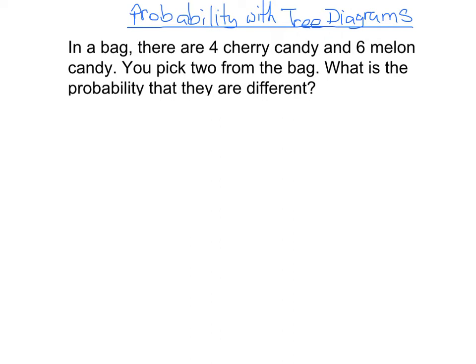The way the tree works is every time that a choice has to happen, you see the choices that are available. If you start right here, that's you, your big brain, let's say. Your choices are either you will pick a cherry candy, let's call that C, or you go in the other direction and pick a melon candy.